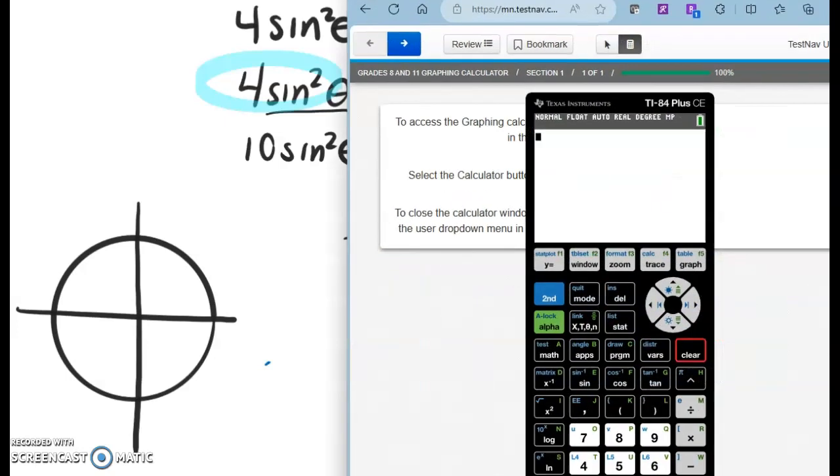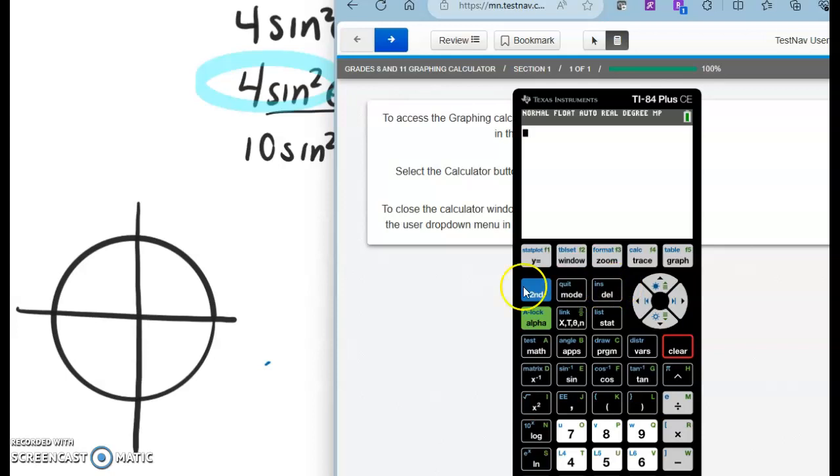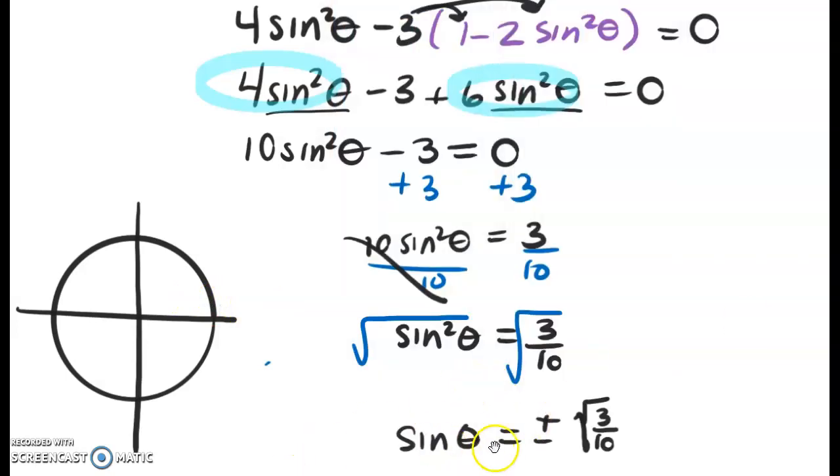Let's make sure that if I do square root 3 over 10, I'm going to get a value between negative 1 and 1, and I do. And this is plus or minus, so even if it was negative, it would still be between negative 1 and 1. So remember, this is a trig function value, and I need to find the angle. In these problems, it's looking for the angle. So I'm looking for this angle here.